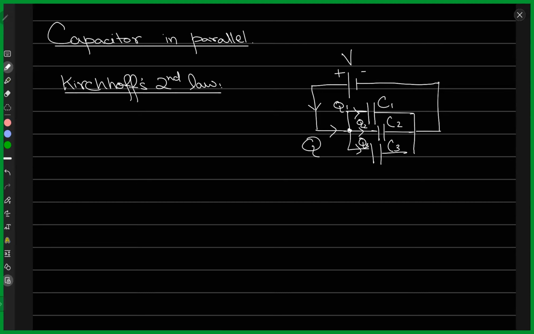These laws are just going to help us write down the mathematical expression for the total capacitance, right? So Kirchhoff's second law just states that the algebraic sum of every potential difference in a closed loop is zero. In this case, it's just telling you that every capacitor is going to have the same potential difference across it, right?